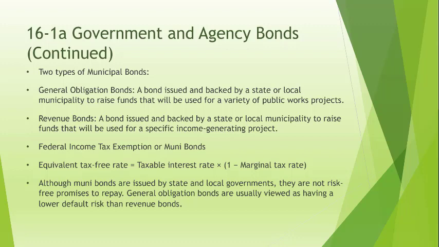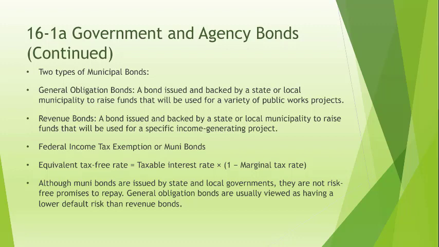Federal income tax exemptions on muni bonds. I think we talked about that already. And of course, that means that the equivalent tax-free rate is equal to the taxable interest rate times 1 minus the marginal tax rate. So in other words, my marginal tax rate is the tax that you pay on an extra dollar.